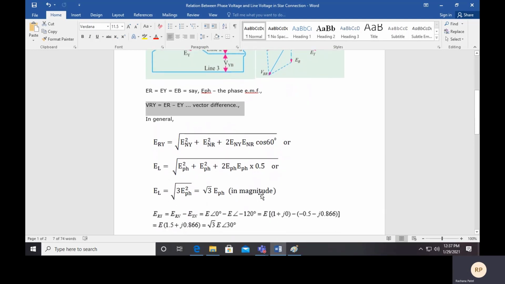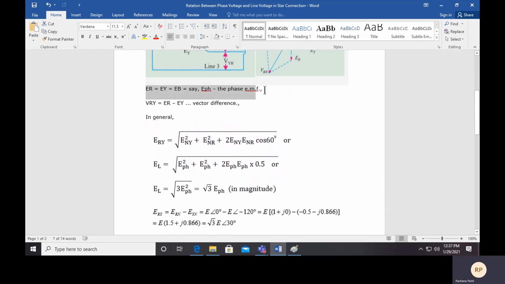As we are dealing with a balanced system where all phase voltages have equal magnitude, for simplicity we will use the notation EPH. By placing that in the equation with the value of cos 60, and with further modification, at last we will get EL equal to root 3 EPH. It means in star connection, the line voltage is always root 3 times the phase value.